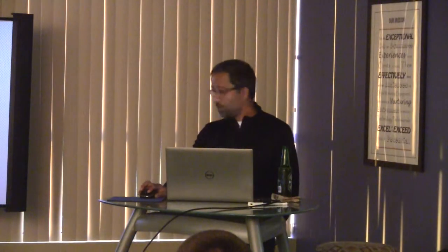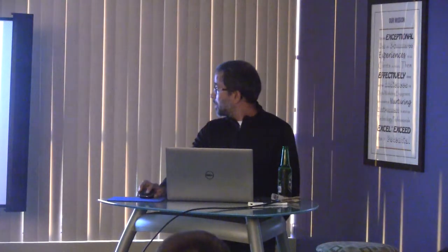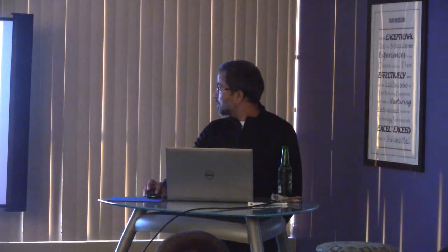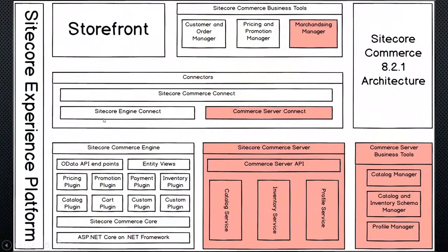So on the top, everything goes through the Commerce Connect, and then either it will talk to Sitecore Engine Connect, or if it needs to talk to the Sitecore Commerce Server, it will go to the Commerce Server Connect. Okay, so based on what it needs to do.